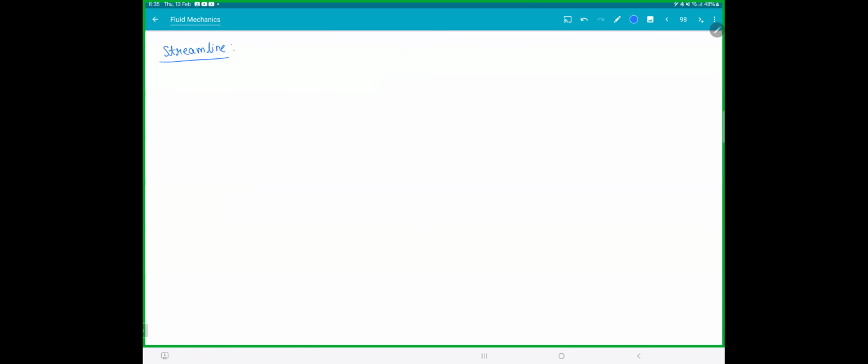So streamline. So what is a streamline? We study a very special case of it. A streamline is a curve which is tangent to the velocity of the liquid particles at that instant.